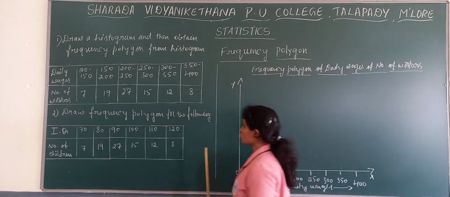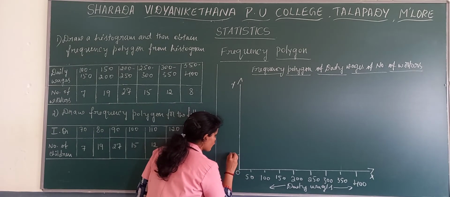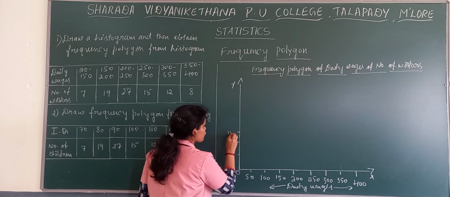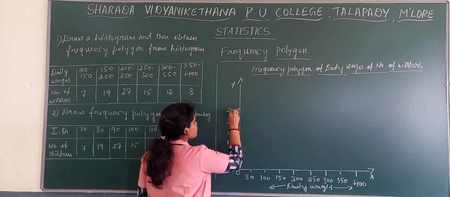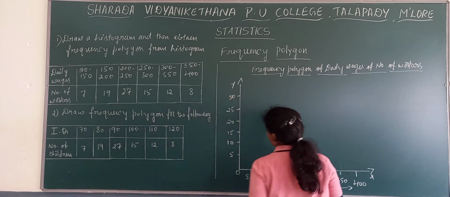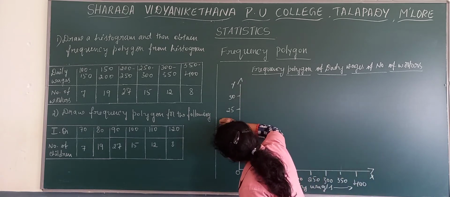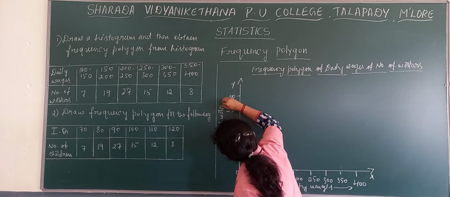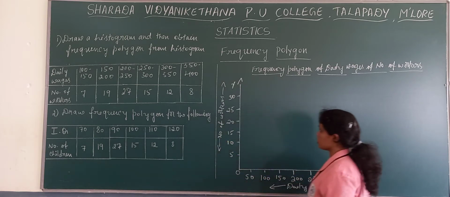I think it is better to go 5, 10, 15. So we'll go here 5, 10, 15, 20, 25, then 30. So along the y-axis we represented the number of workers.